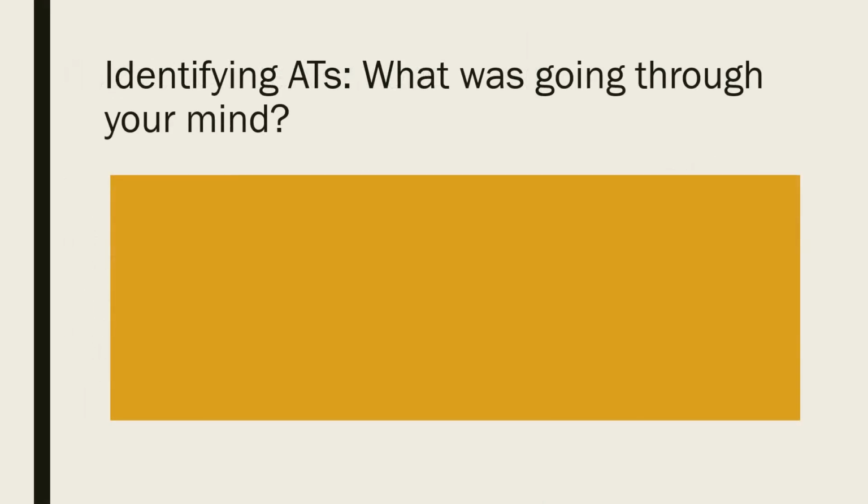As you learned, a generic question that you will ask to identify automatic thoughts is, what was going through your mind? And knowing that negative automatic thoughts related to anxiety often involve prediction, you can vary the questions that you ask by asking, what were you predicting?